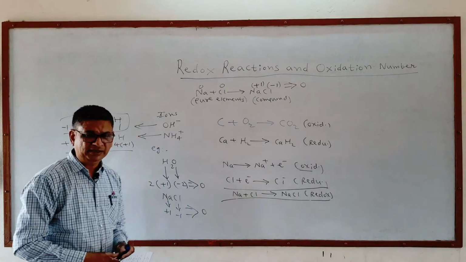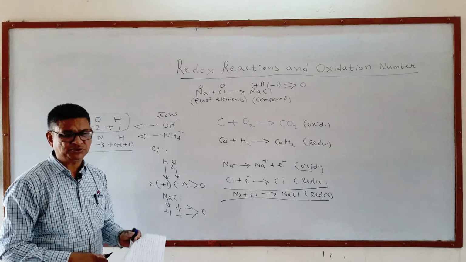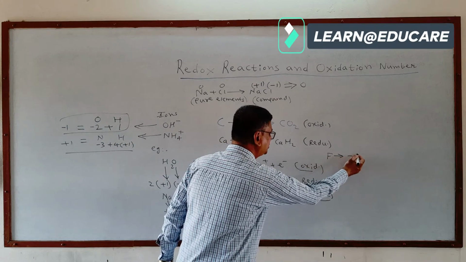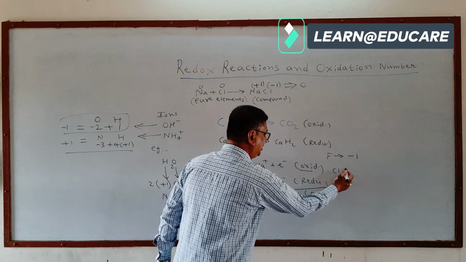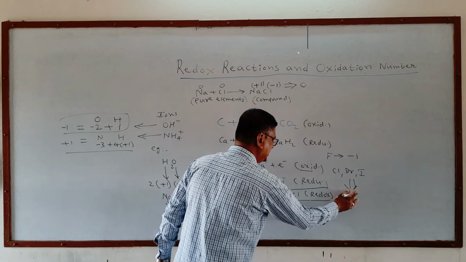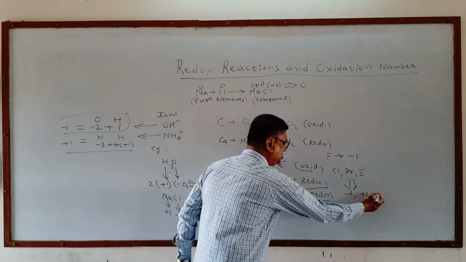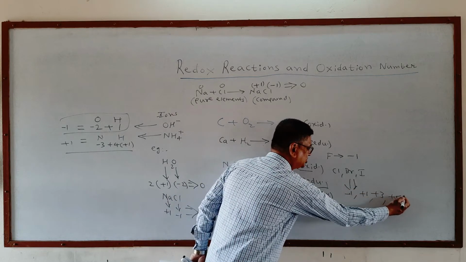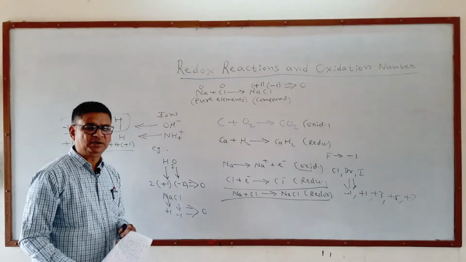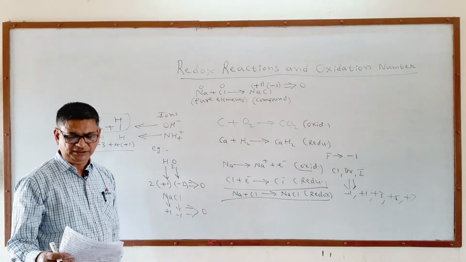For alkali metals +1, for alkaline earth metals +2. In case of halogens, however, fluorine has only oxidation number -1, while chlorine, bromine and iodine have, along with -1, some positive oxidation numbers +1, +3 and even +5, +7 also. It is due to some reasons that are given in higher chemistry.